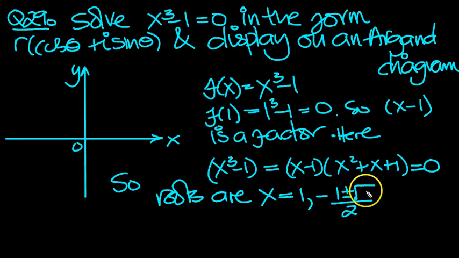Now what's b squared minus 4ac is 1 minus 4 times 1 times 1. So it's 1 minus 4, which is minus 3. So root 3, and we can put an i outside the square root as root minus 1. So there's the roots then that we've got.